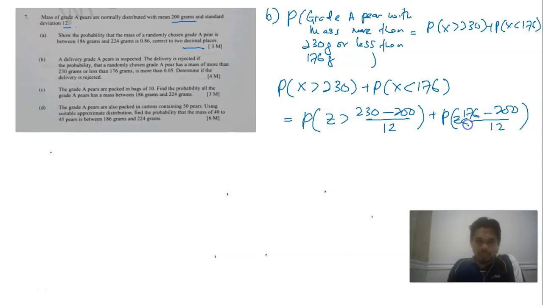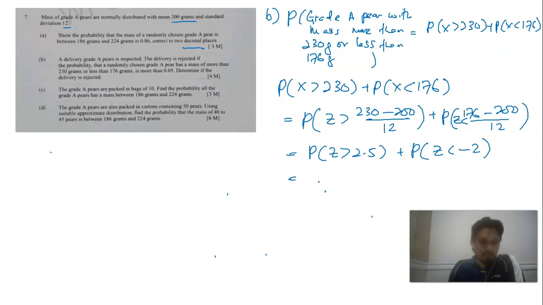So then, the total gives you the probability of Z greater than 2.5 plus the probability of Z less than negative 2.